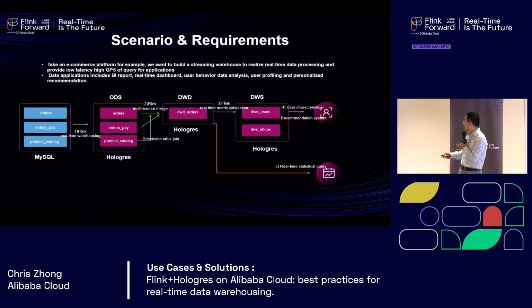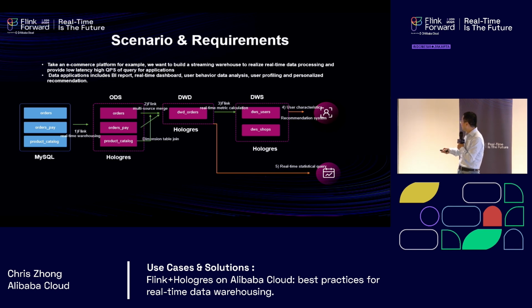From ODS to DWD, we use Flink to do a multiple-source table join, generate the results and update the DWD details data. And also we do a dimension table join. The orders join the product catalog to enrich the data and sync the result into one wide table, DWD orders.